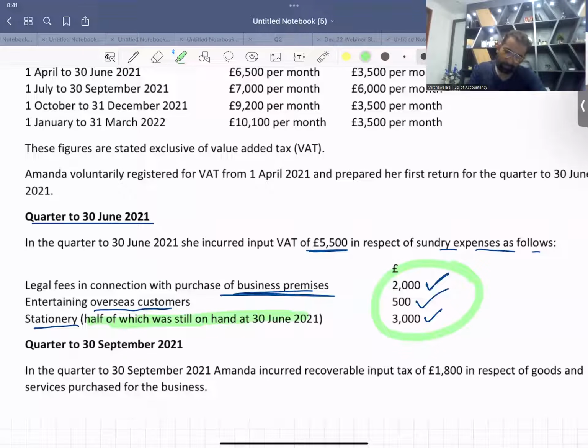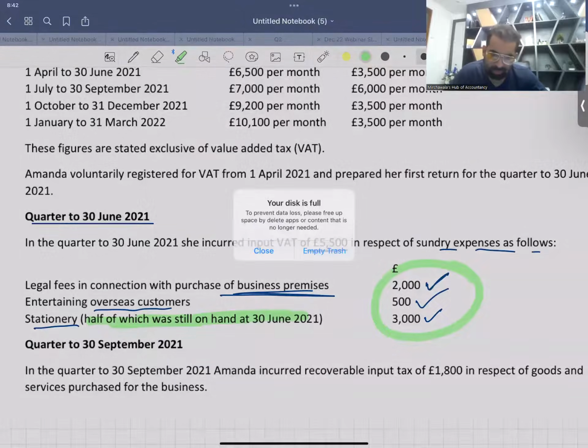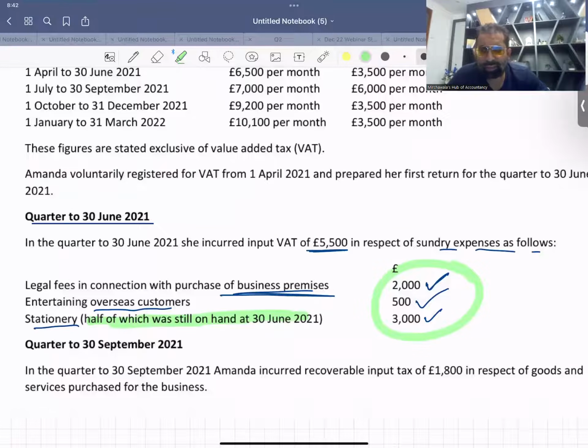Yes, full 5,500. Somebody is asking a question: what if we purchase before registration? Yes, pre-registration input VAT can be claimed.